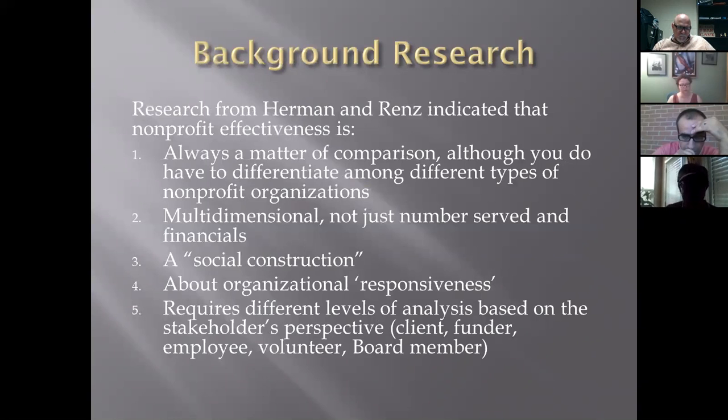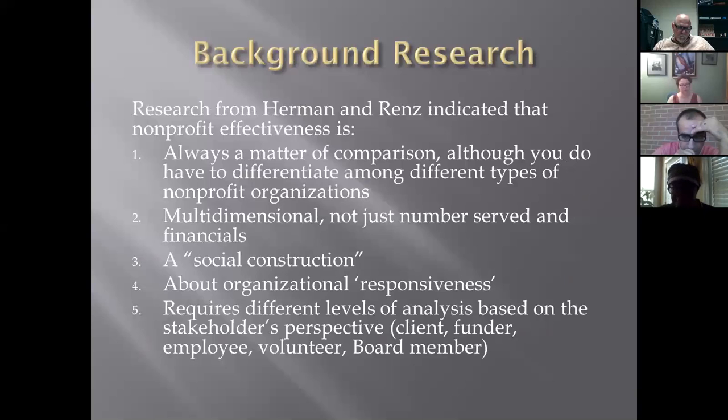What Herman and Rentz found was that just pure quantitative data wasn't enough, and that there needed to be more qualitative measures because of the different groups that are interested in different aspects of a nonprofit. Everybody has a different opinion about what those factors are that indicate effectiveness.